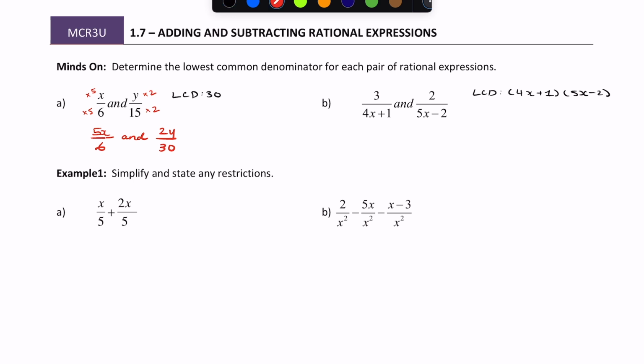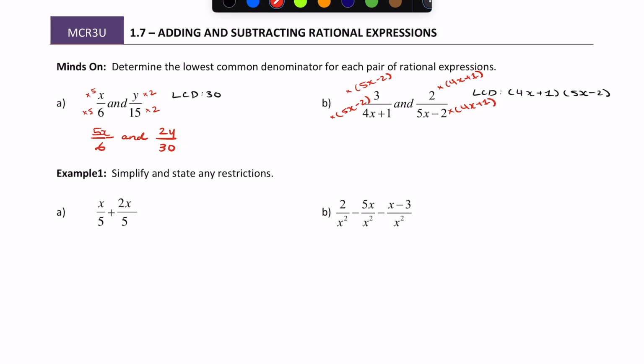And so here we're going to multiply. So here we have a 4x plus 1, and for the lowest common denominator, we also need 5x minus 2. So multiply this by 5x minus 2 over 5x minus 2. So again, what we do to the bottom, we do to the top. And here we want to multiply by 4x plus 1 over 4x plus 1.